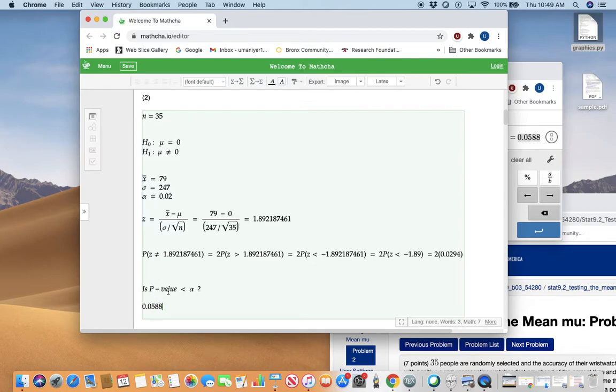So that's the p-value. Is it less than alpha?